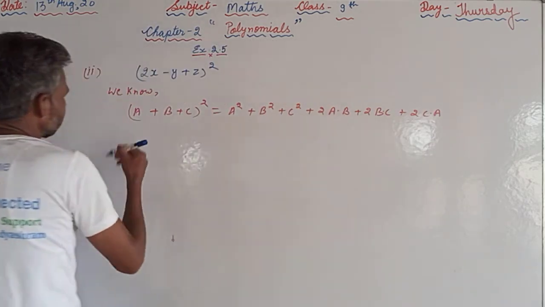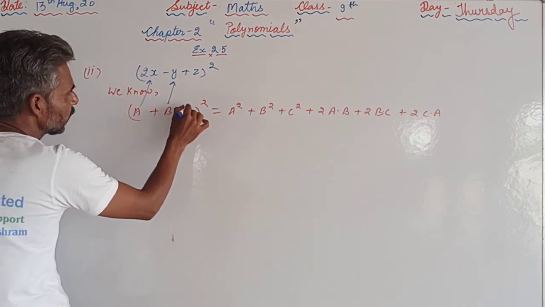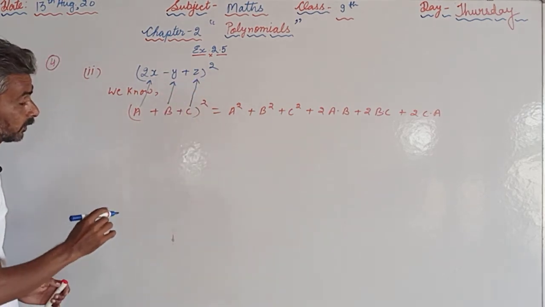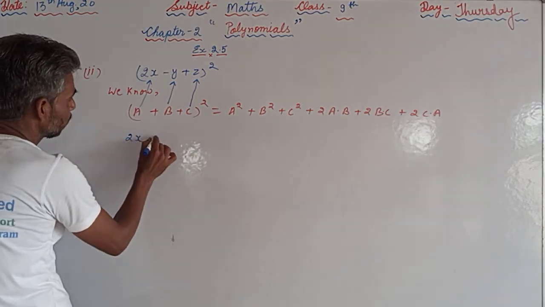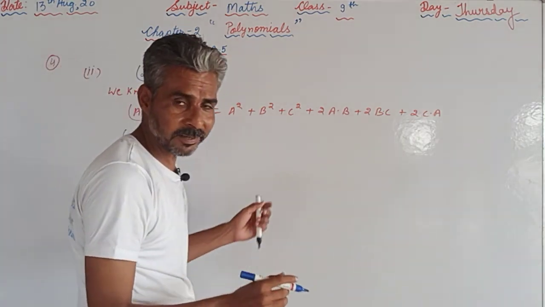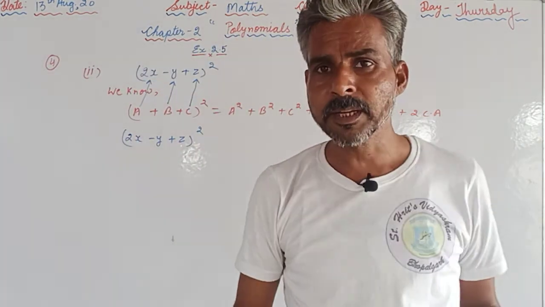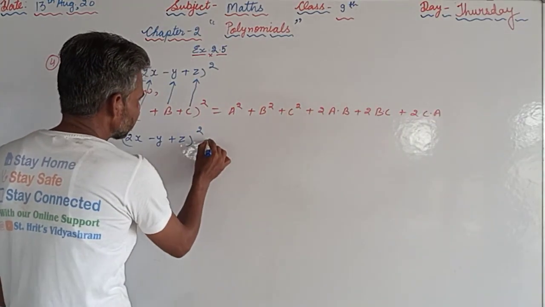Here we are supposed to substitute a by 2x, b by minus y and c by z. As we have substituted on the left hand side, we are supposed to do the same thing on the right hand side. So on the right hand side also we replace a, b, c.